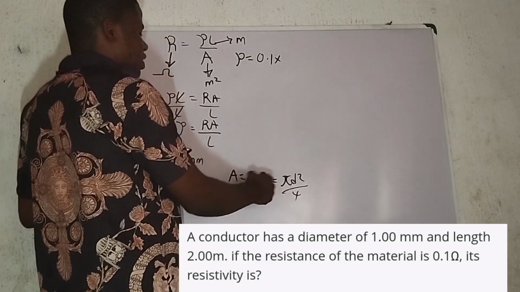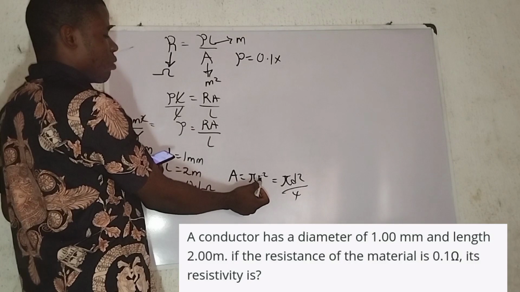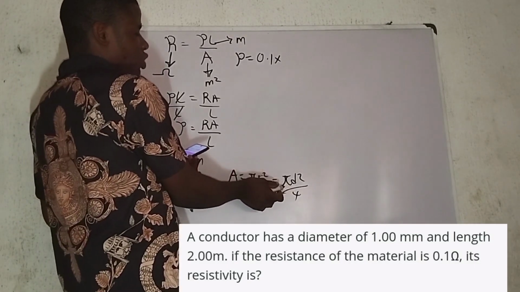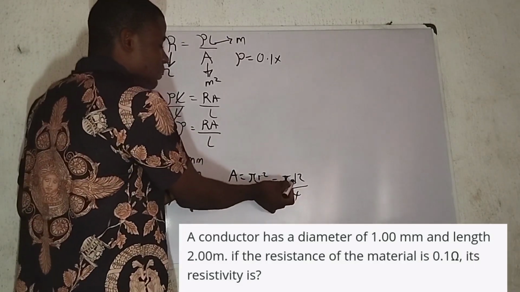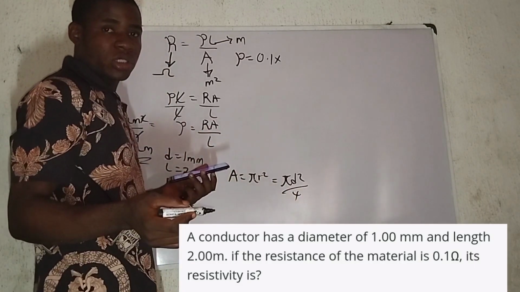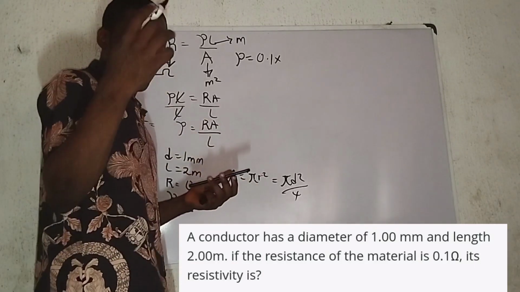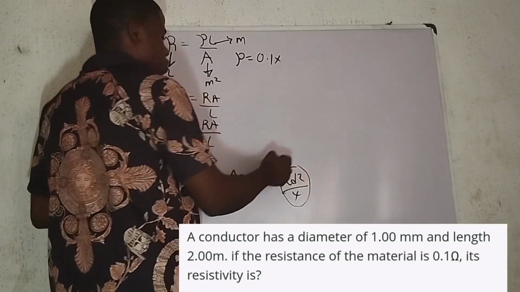These two are the same. Pi r squared is used when you are given the radius of the conductor. When you are given the diameter, you can equally use pi d squared over 4. Diameter is equal to 2 times radius, or radius is equal to diameter divided by 2. Does it make sense? But I would like to use this one, right?